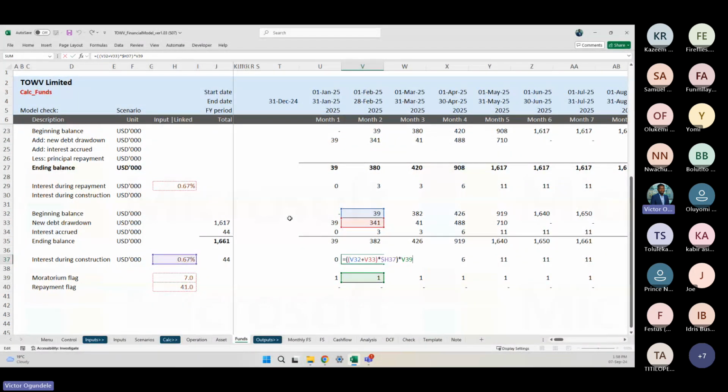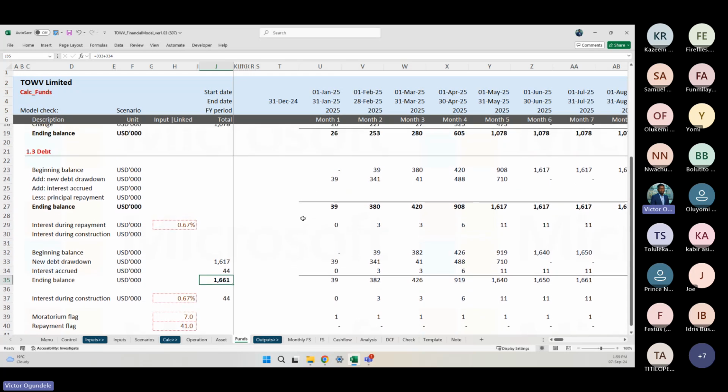We also add that in order to calculate a new debt, and that's how you keep calculating it over the grace moratorium period. And that gives us additional cost, which is that interest that was accrued that we did not pay, and that gives us our new debt. Okay, does that make sense?